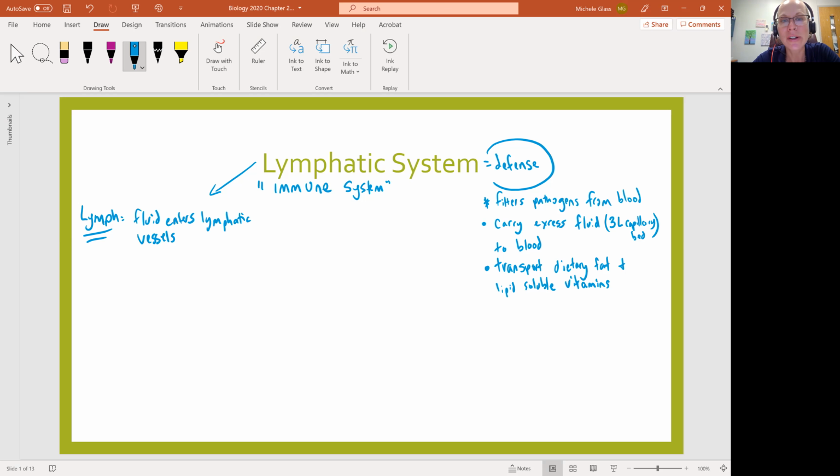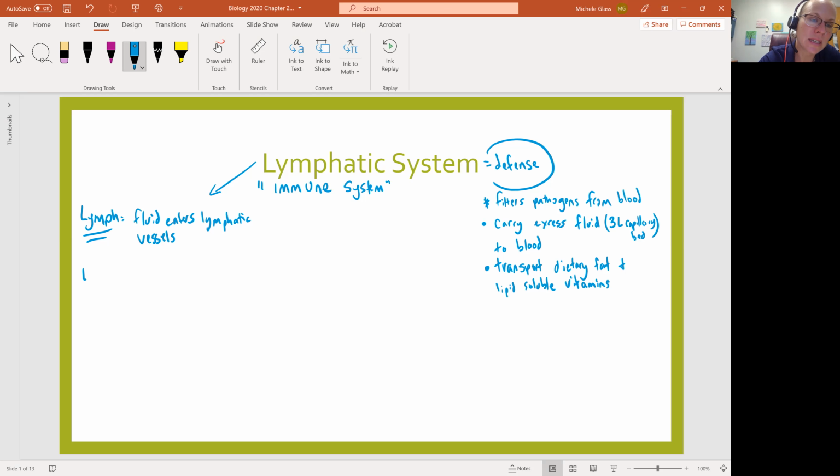It leaves the arterial end of the capillary and flows across our tissues, so now it's mixing in with the rest of the interstitial fluid or extracellular fluid. Then some of that extracellular fluid gets pulled into the lymphatic vessel, and as soon as it enters the lymphatic vessels, we call this liquid lymph.